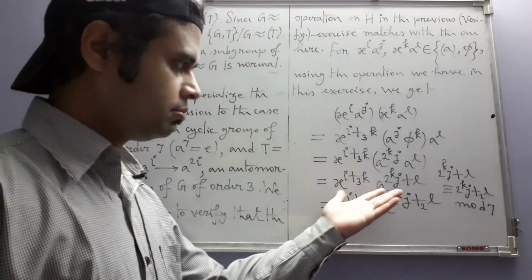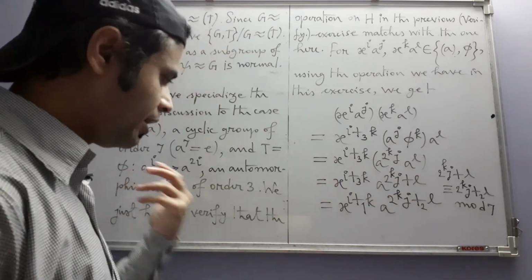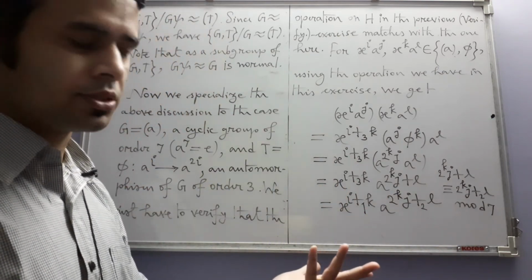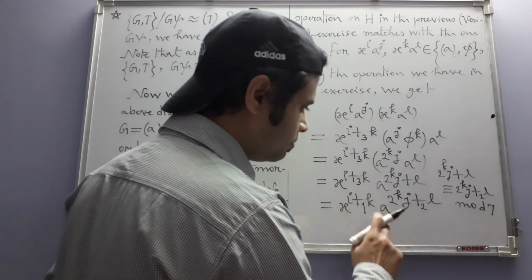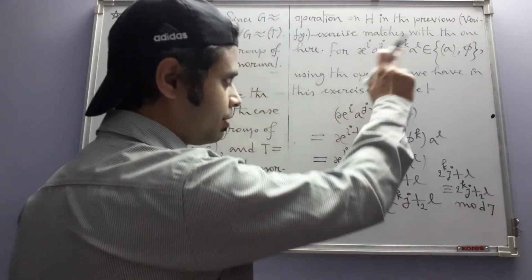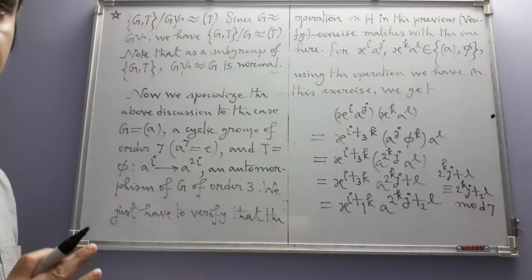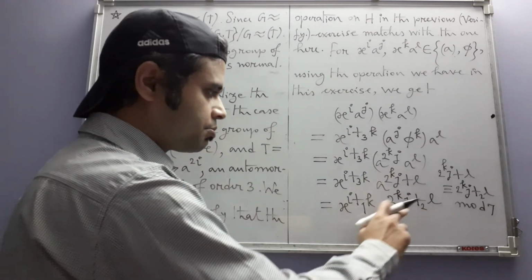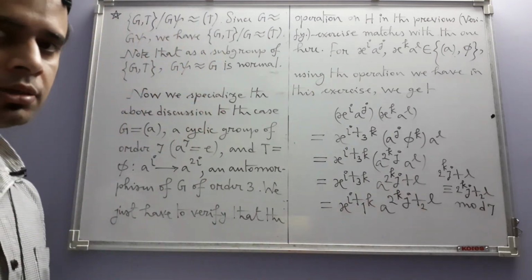So using these congruences, and by now we have done it several times, this type of calculation, you will see that these two elements in our cyclic group are equal because the exponents differ by an integral multiple of 7.